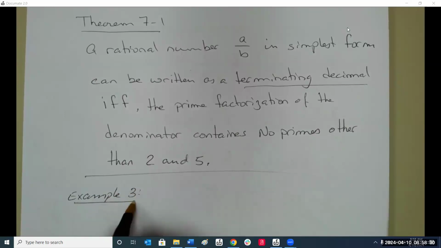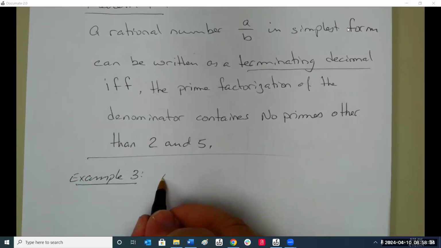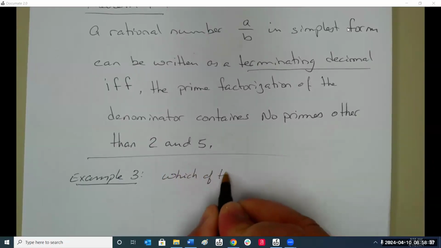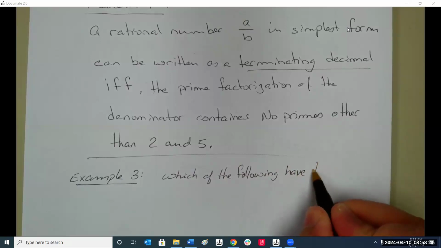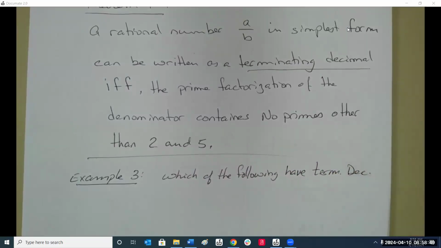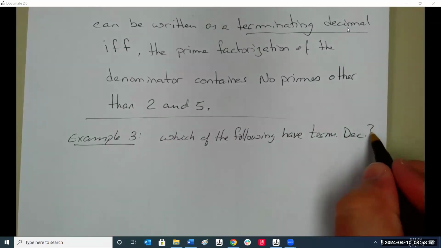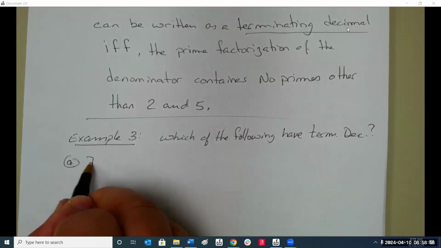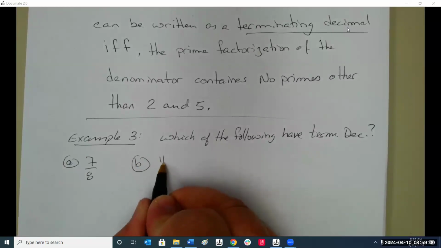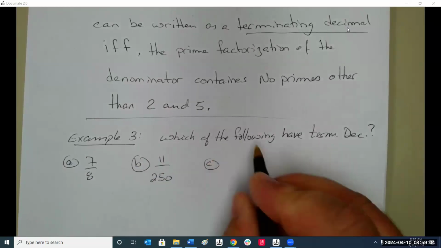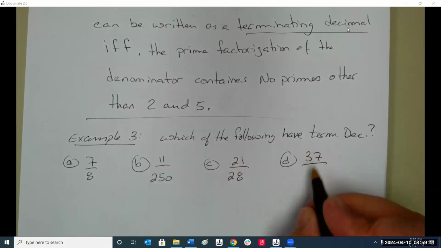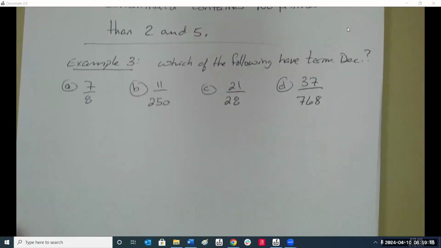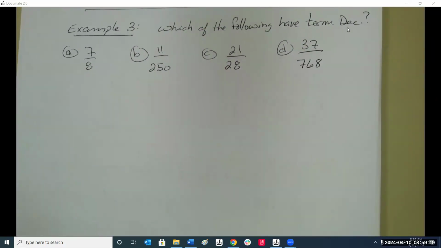Example 3. Which of the following have terminating decimals? So what do you think?